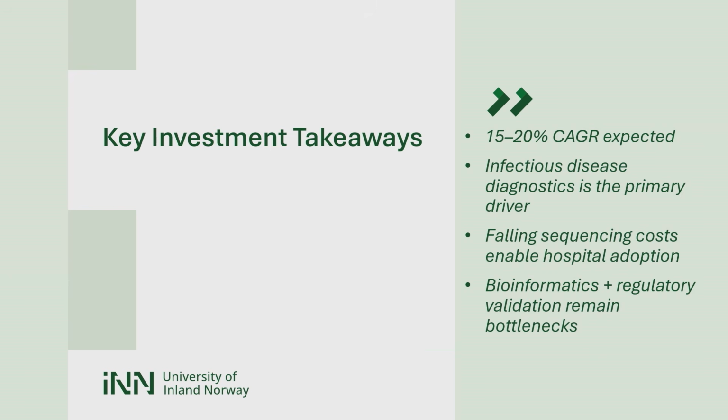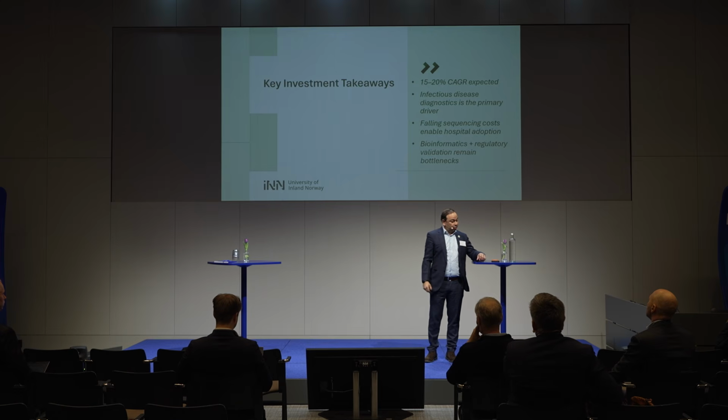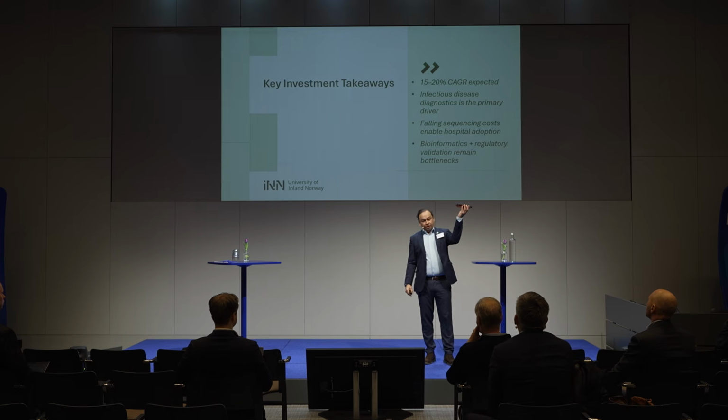The key takeaways, which have already been said: clinical metagenomics can be applied to several different fields like cancer, but the primary driver currently is infectious diseases. And falling sequencing costs. I don't know whether any of you have seen the Oxford Nanopore device, but it is smaller than my mobile phone.